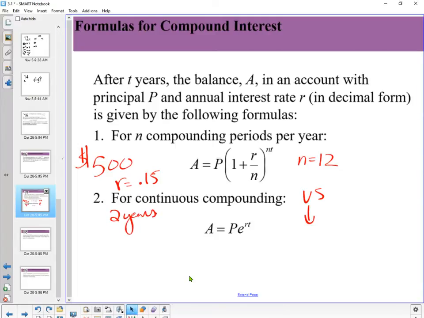Go ahead and do that. Find me the difference between my compounding versus continuous. What's P? It's my principal. I start my deposit. It's my $500.